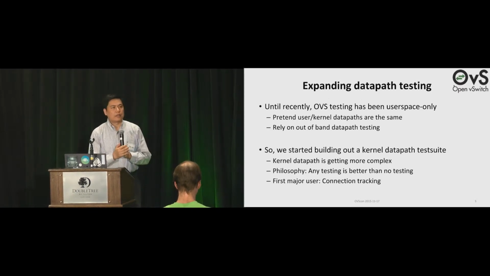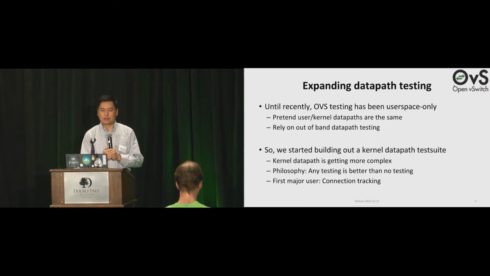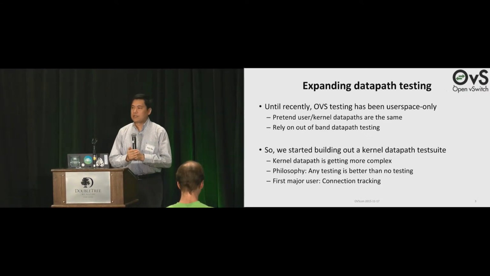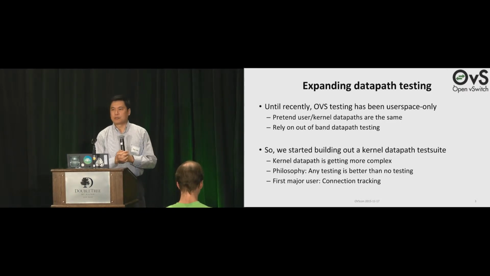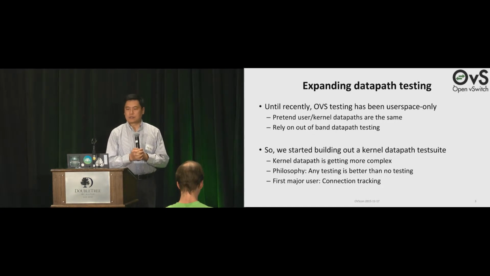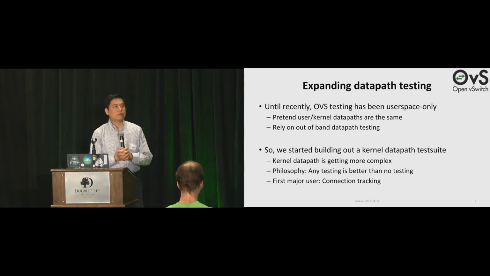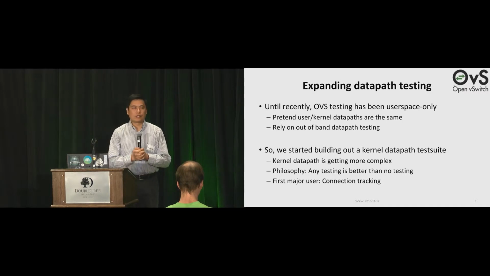But the kernel data path testing hasn't been as good as user space testing so far. One reason is we rely mostly on out-of-tree ways of testing it. Basically, people deploying systems will test most of the features in the data path. Also, we have a very simple user space data path implementation, and for the most part we assume the kernel data path and the user data path are equivalent.